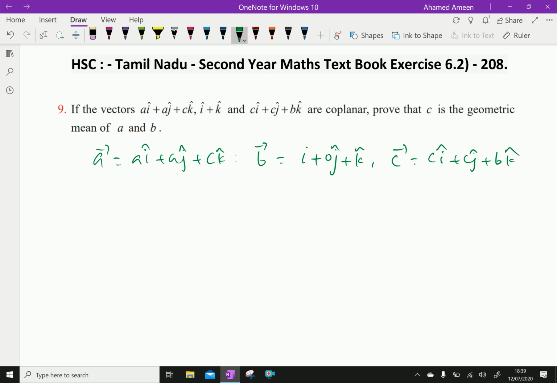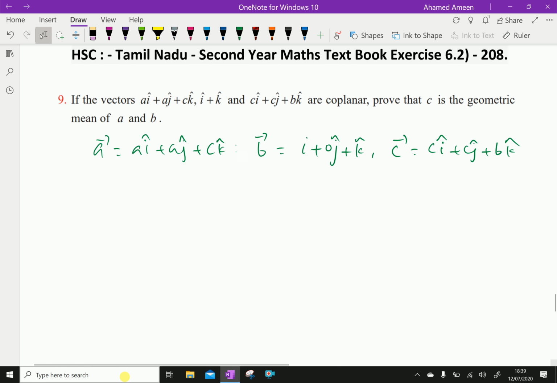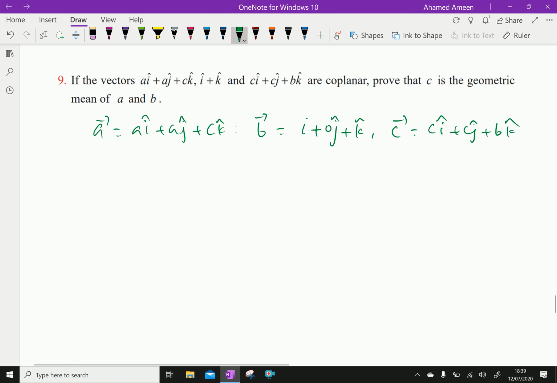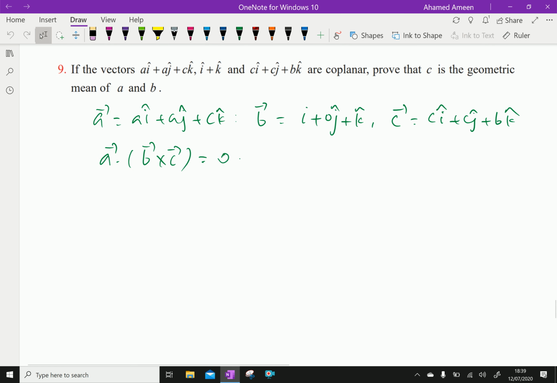Here these vectors are coplanar, means we can say that a dot b cross c must be equal 0, since vector a, vector b, vector c are coplanar.